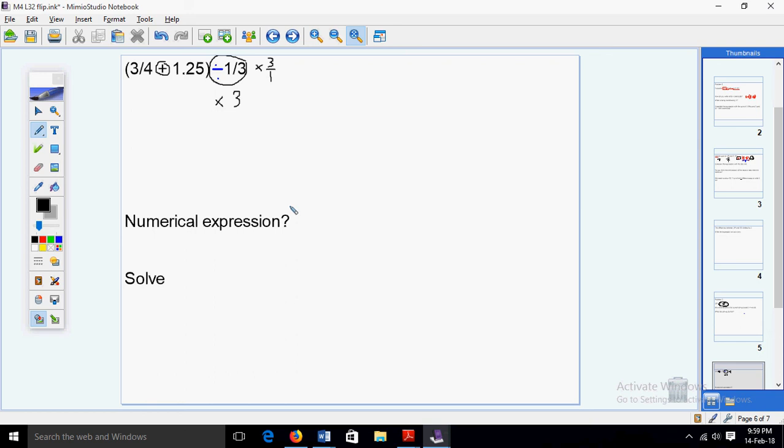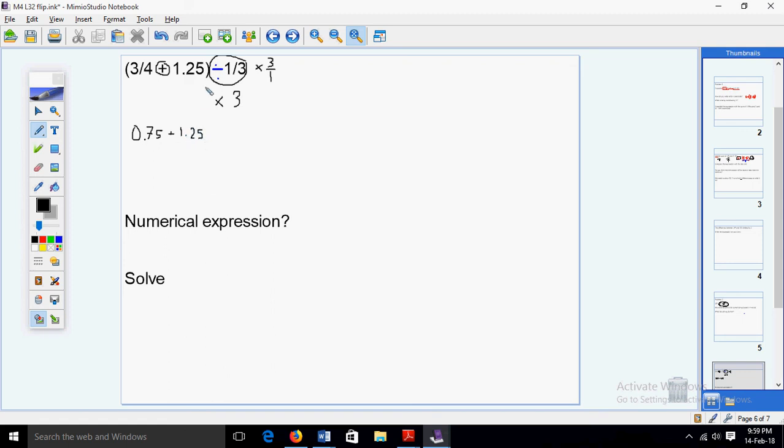and solve this. So real quick, I'm going to turn 3/4 into a decimal. So we should know that 3/4 is the same as 75/100. If you don't believe me, you can do the math. So I'm going to go ahead and add 75/100 plus 1 25/100. Now, why am I doing that first?